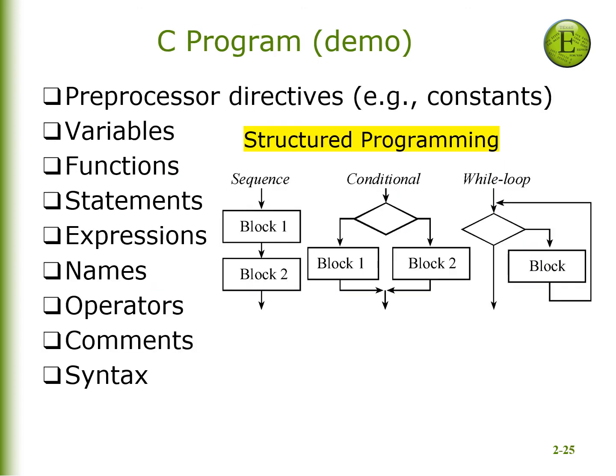We're going to utilize the structured programming version of C, not the object-oriented version that much. So functions, variables, statements, expressions, names, operators, comments, and syntax. In structured programming, we're going to follow the sequence, one statement after another, written and executed in sequence. The sequence can be split into subsequences based upon specific conditions.